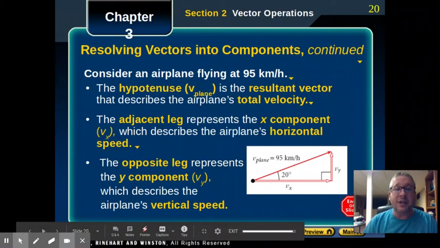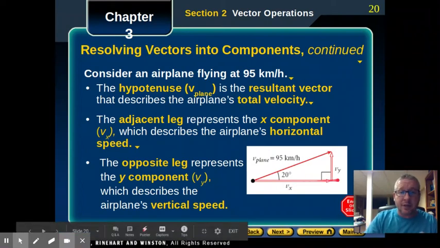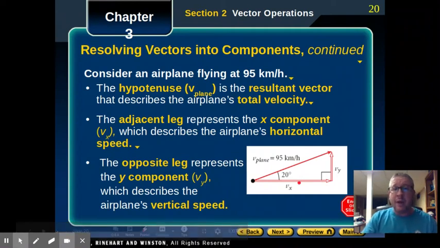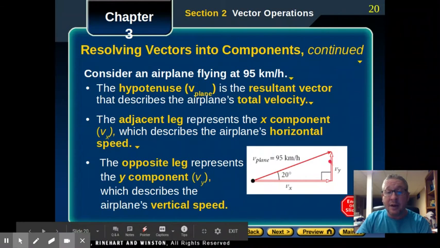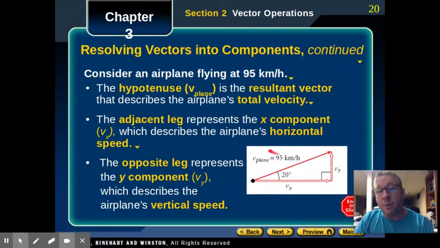The adjacent leg will be the horizontal component, or vx, and that describes the airplane's horizontal speed. The opposite leg, from our origin, is going to be our y component, or vy. It describes the airplane's vertical speed.